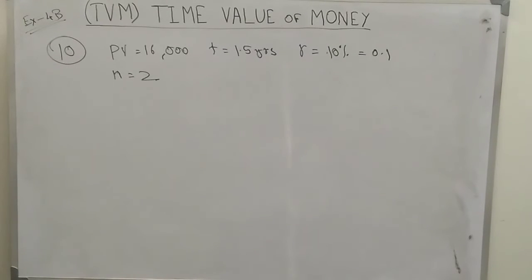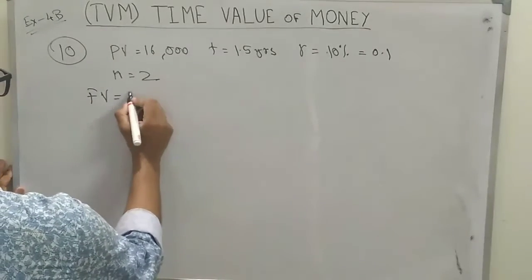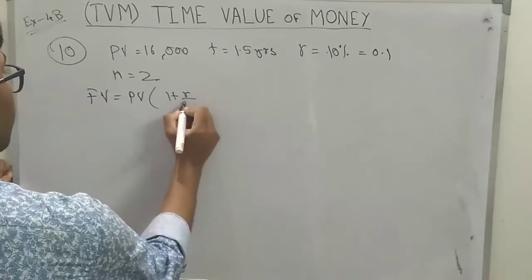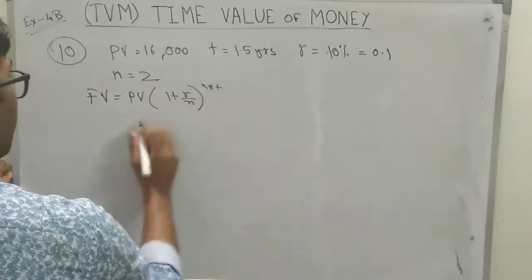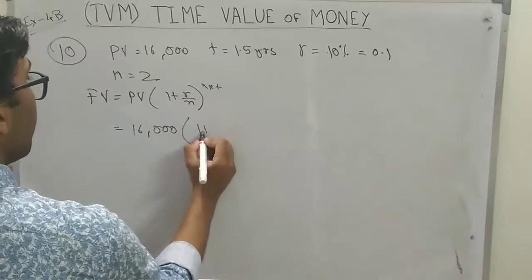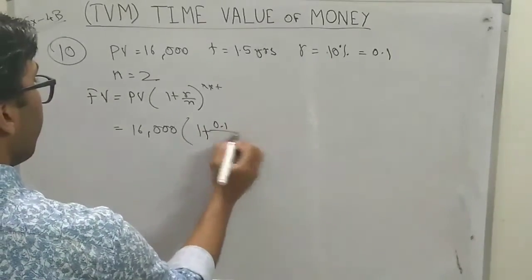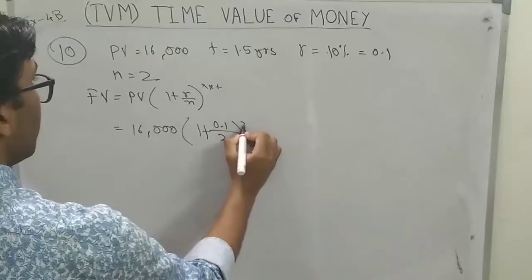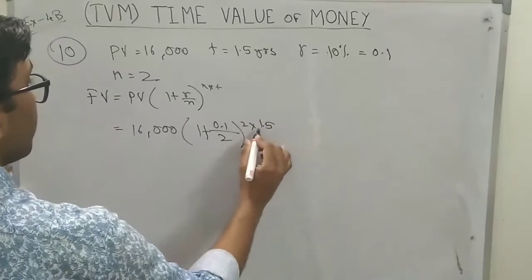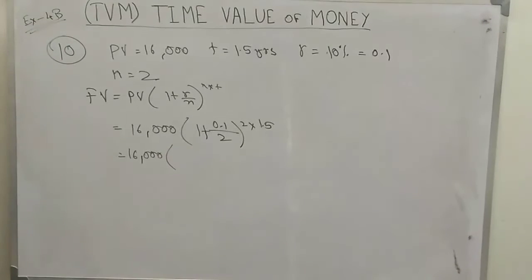The interest amount has been asked, and FV is equal to PV into 1 plus R by N to the power N into T, which is equal to 16,000 into 1 plus 0.1 by 2, to the power 2 into 1.5.